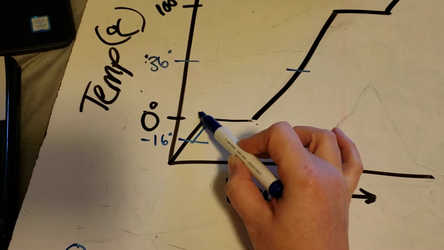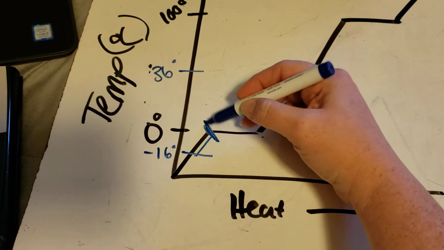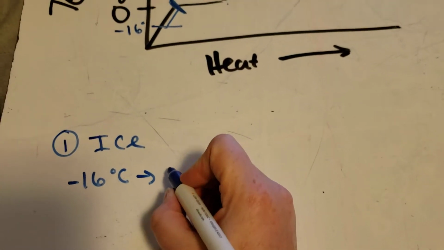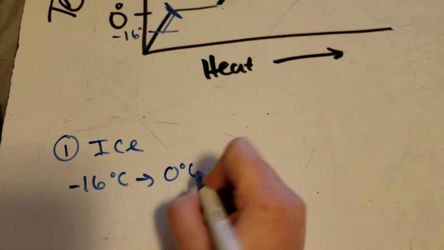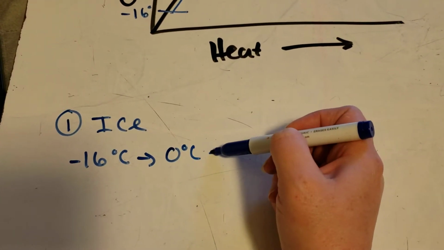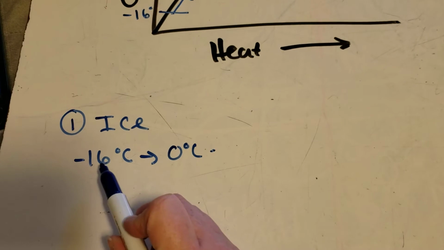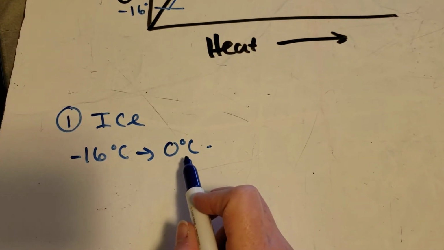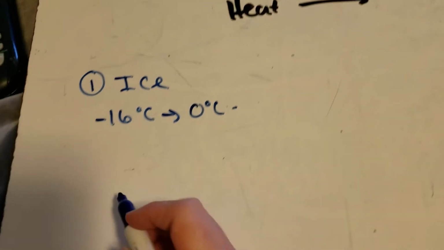We hit our first corner right here, and that is at 0 degrees Celsius. So as ice, I have to stop at 0 degrees Celsius. In this problem, I have a temperature change because the temperature is changing from negative 16 degrees Celsius to 0 degrees Celsius.